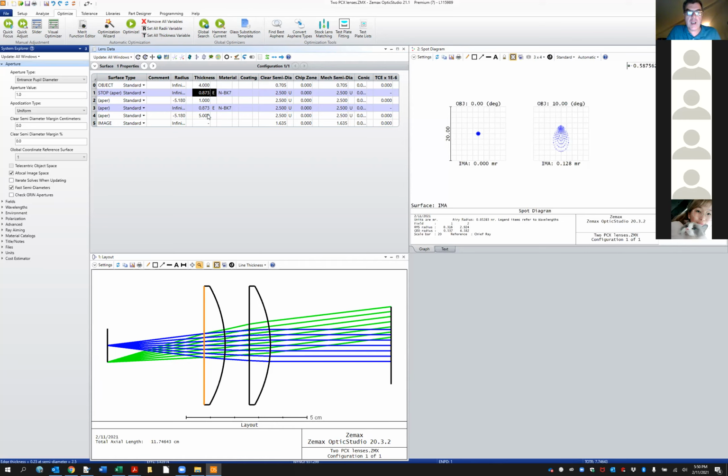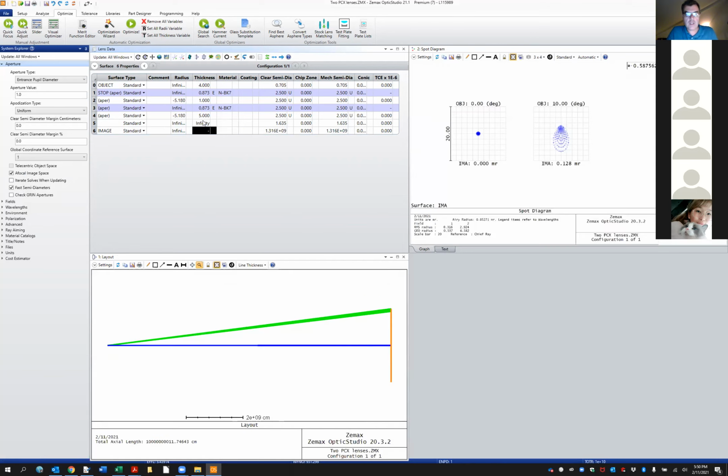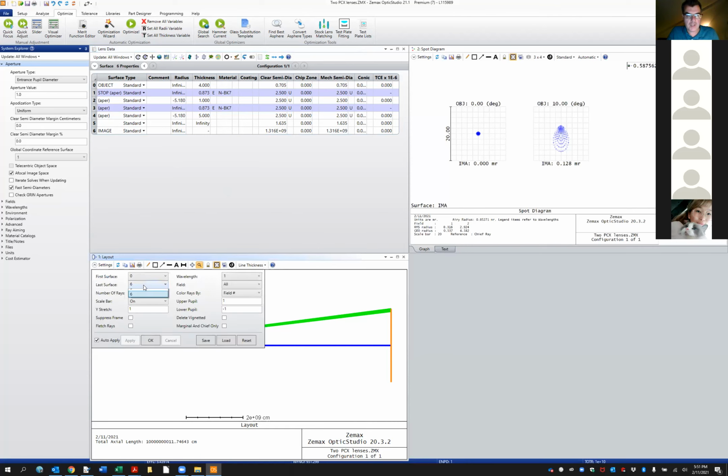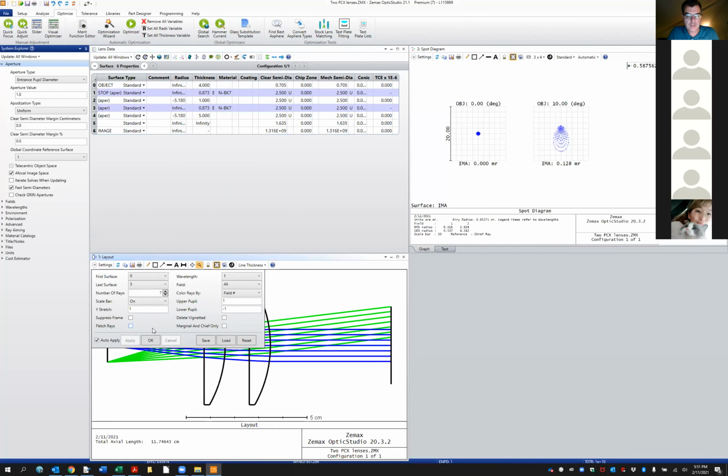We're going to send this image infinitely far away. So we have to insert a surface. I always put this finite layer there just so we can visualize it, because sometimes Zemax tries to draw anyway when it's at infinity. Sometimes it does, sometimes it doesn't.